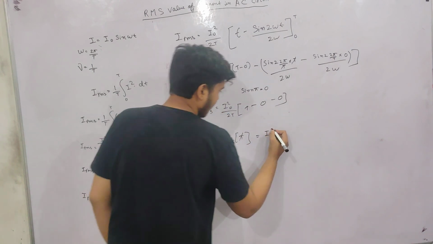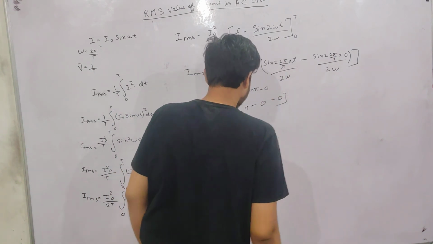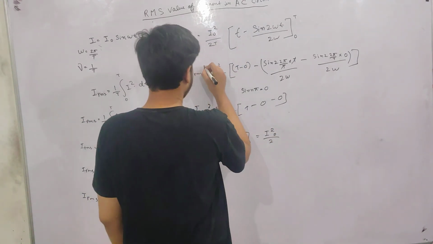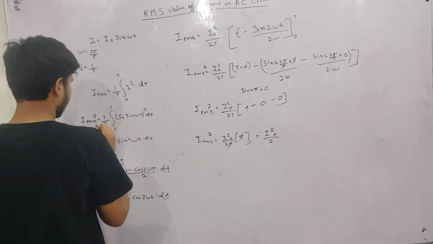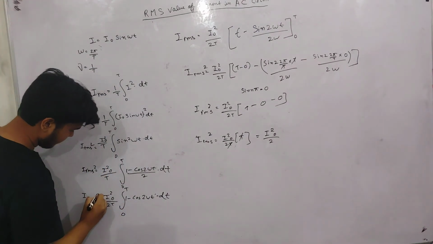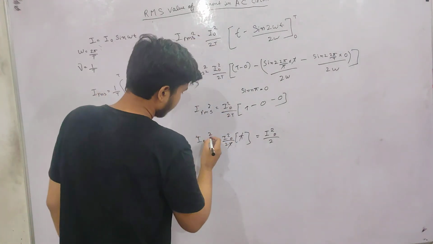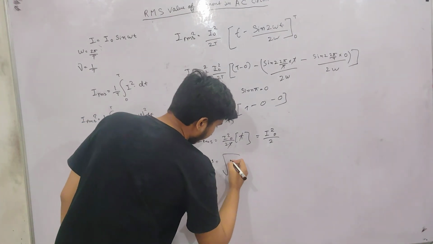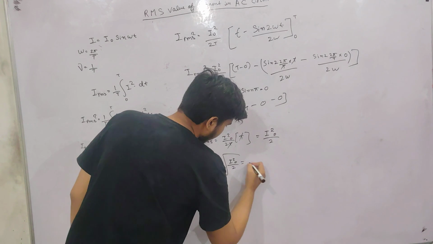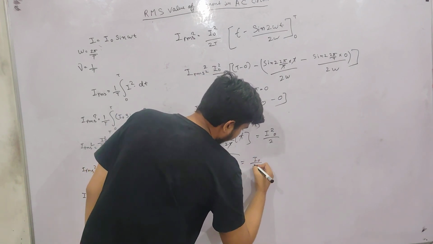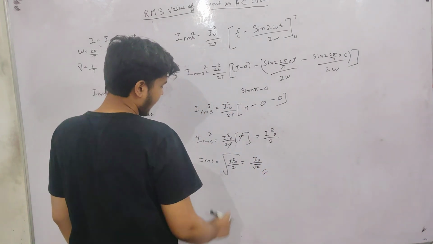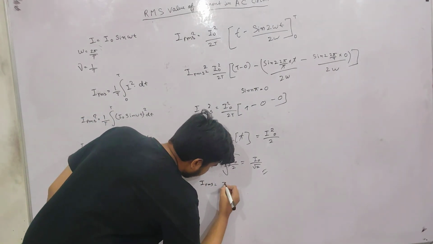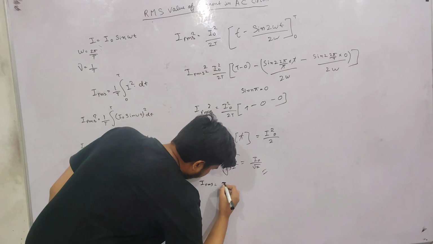We will get I naught square by 2 as the final value, and RMS whole square will be there everywhere. So RMS square will go there, and I RMS will be under root I naught square by 2, which will be I naught by root 2. This is the value of the RMS current: I RMS equals I naught by root 2.